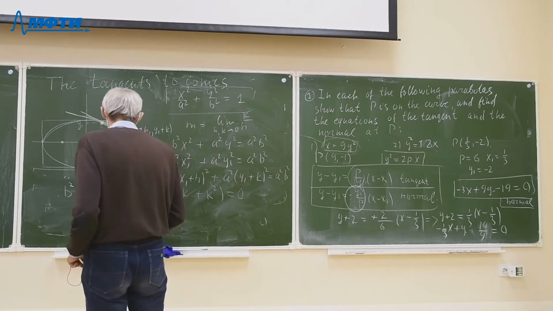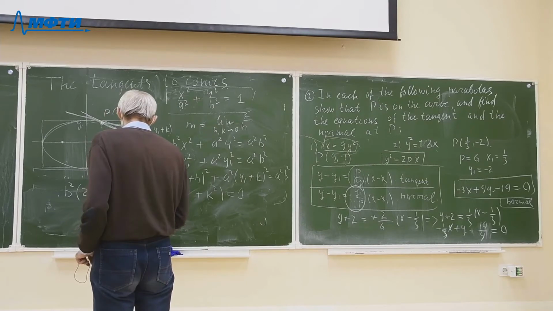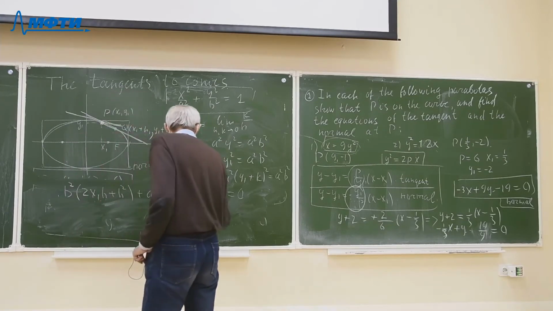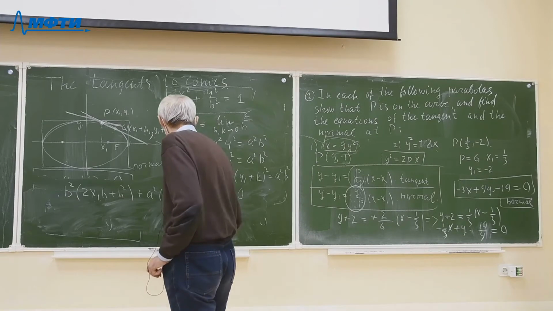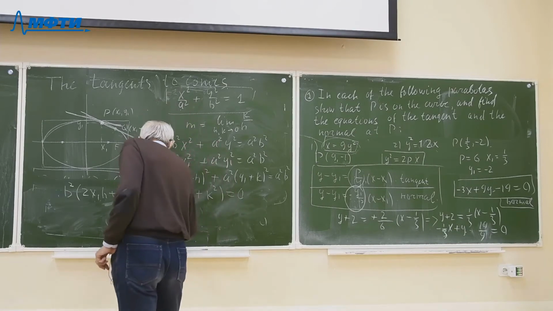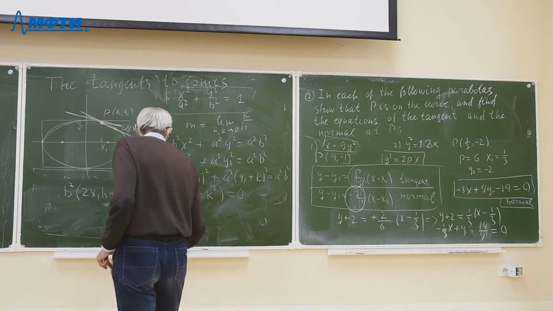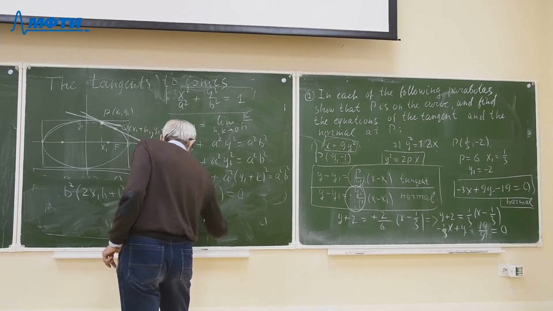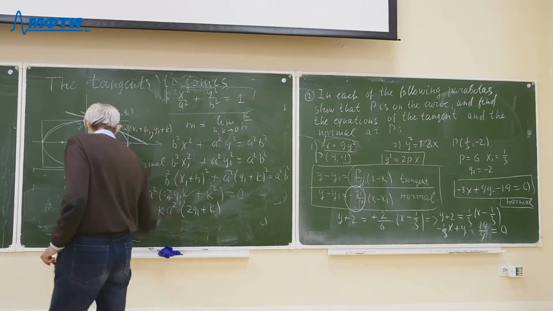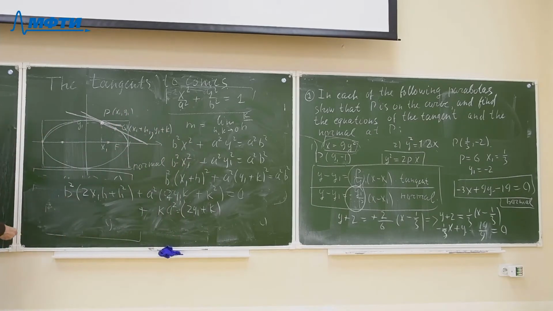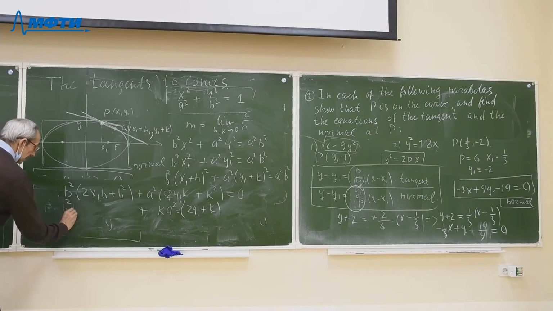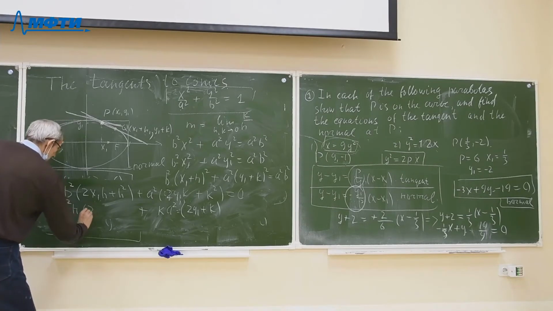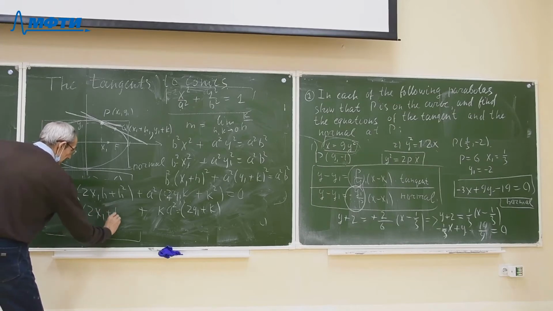And after simplification, we can rewrite this equation as k times a squared (2y1 plus k), and this first summand we can rewrite in the form b squared h (2x1 plus h).